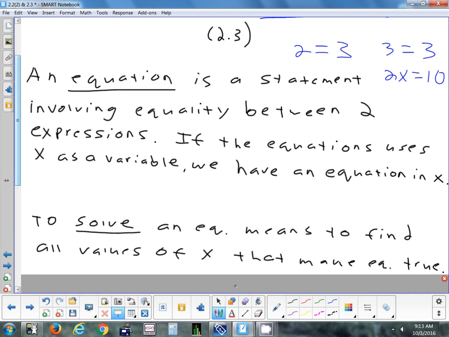If you had something like a parabola, that's a U-shape, it could cross the x-axis up to 2 times. Generally, the higher you make the exponent, the more answers you could have. So if I were to graph something like this, this graph could have up to 3 answers. It could cross the x-axis up to 3 times. I don't guarantee it'll cross 3 times, but that's the maximum it could cross.